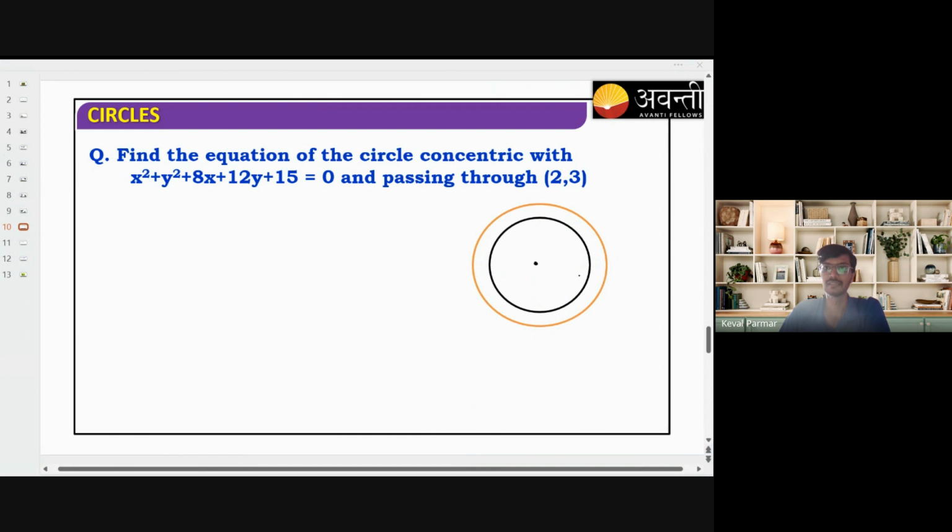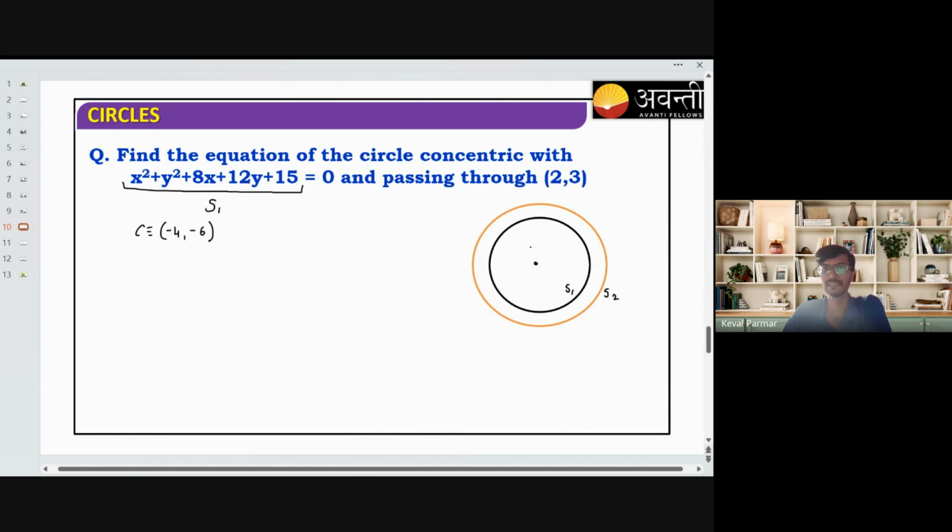Let's say the inner circle is S1 and the outside circle is S2. So this circle is basically S1. What is the center here? Divide by 2, change the sign. So divide by 2, we get -4 and -6.